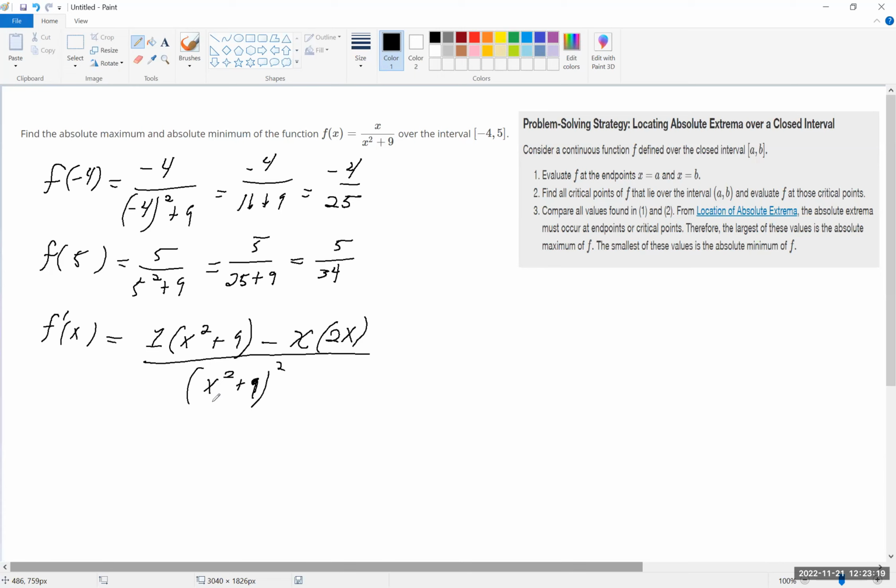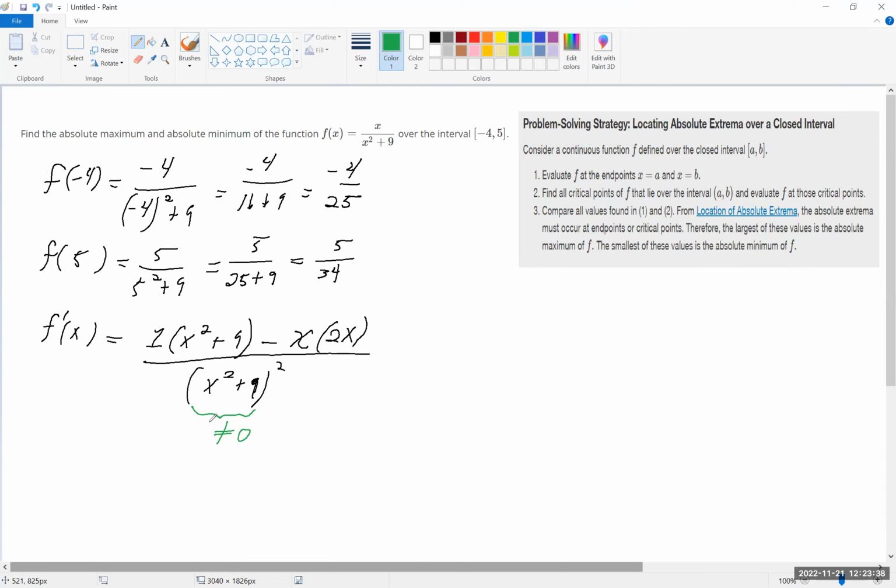So notice that the derivative can never be undefined because there's no way to make the denominator equal to 0.